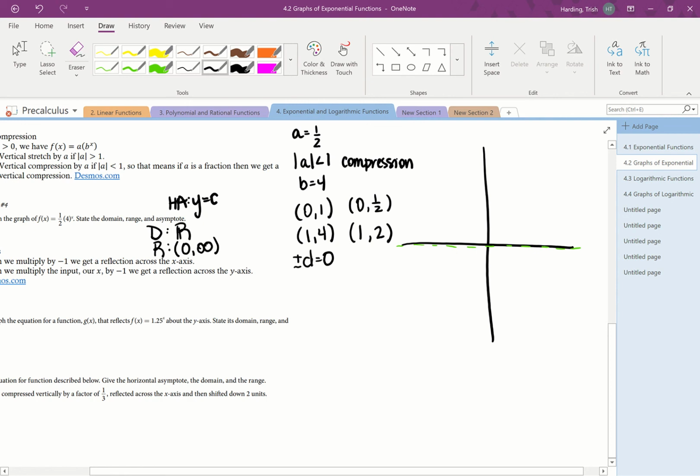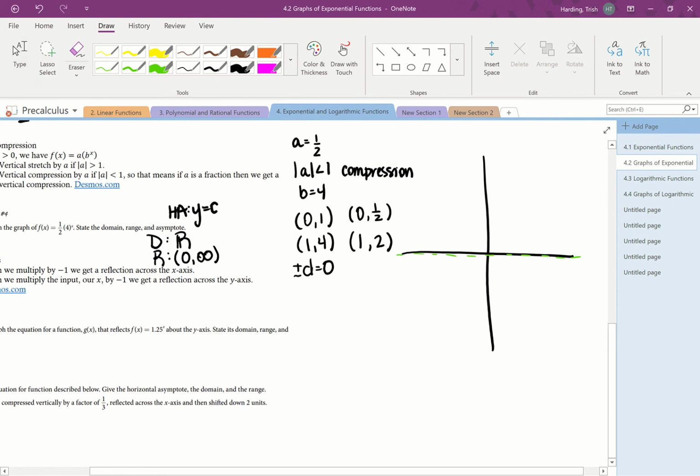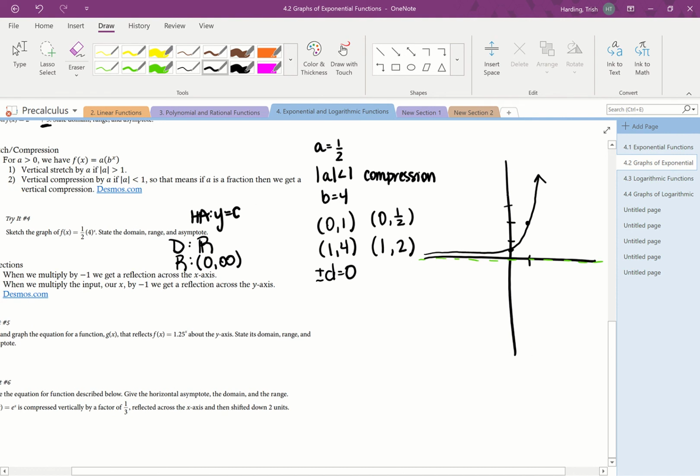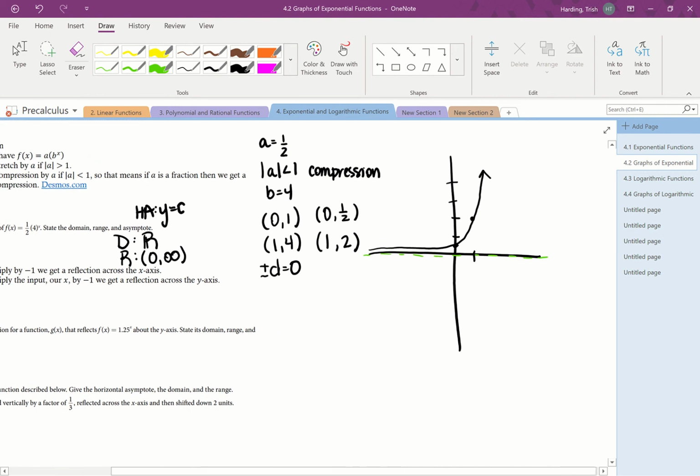So we are going to have a point at 0, half, so right here, and then a point at 1, 2. So that would be something like this. And I'll go ahead and graph the original on here to show you.